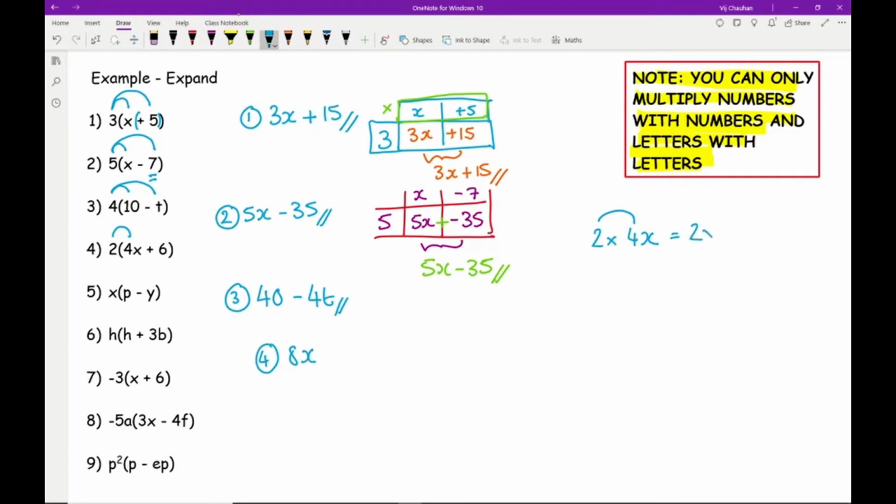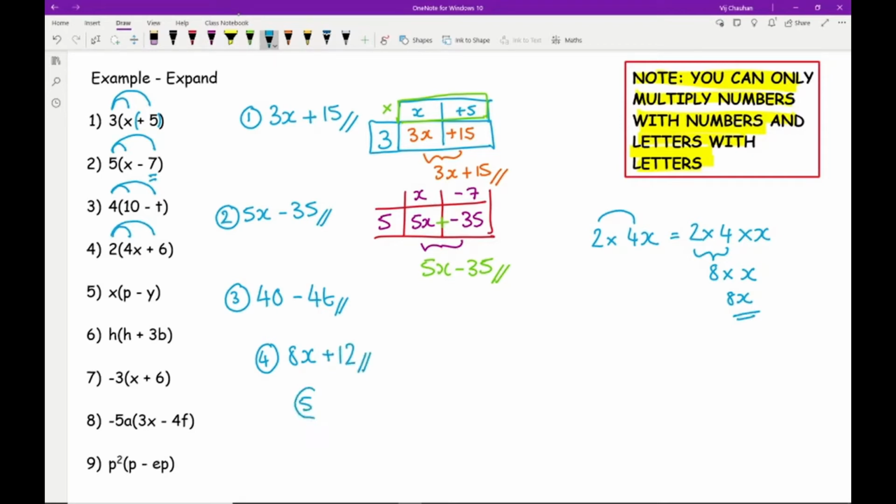Now what this basically means is 4 times 2 times x. So what I'm going to do is I do this bit first, which is 8. So that's 8 times x, which then becomes 8x, and that's where the 8x has come from. And then finally I've got 2 times plus 6, or positive 6. So 2 times positive 6 gives me 12, and there is my final answer.